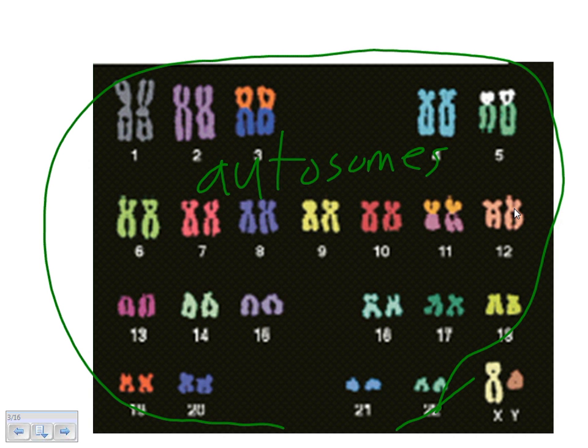They're chromosomes that don't have anything to do with gender. Katie and I could have identical, well, they won't be identical, but they would be very similar autosomes. Sex chromosomes are going to be different. Sex chromosomes determine gender, autosomes determine everything else.